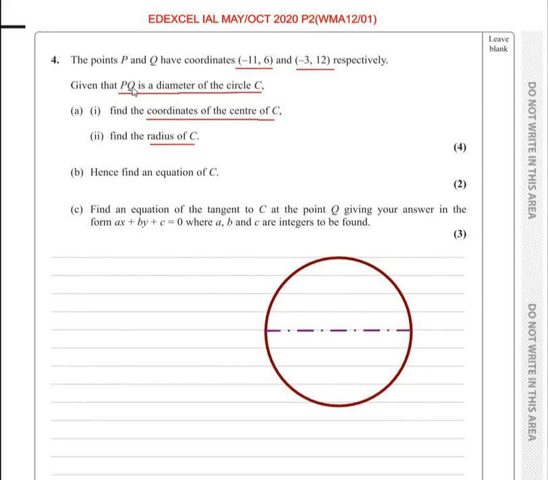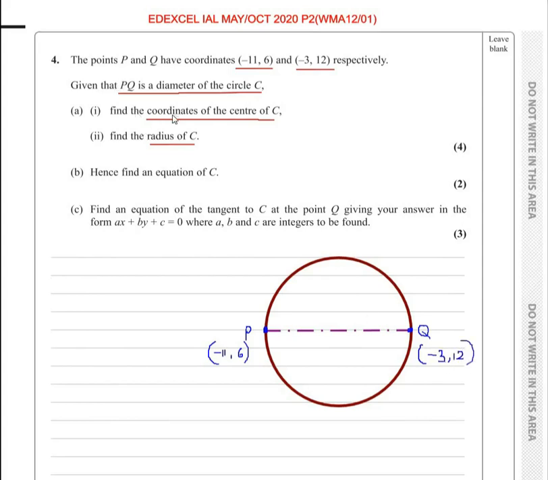So they have given PQ is a diameter of the circle C. This is the circle C and this is the diameter. These are the 2 points of the diameter. Let me write down the coordinates they have given here. For P they have given us -11, 6 and for Q they have given us -3, 12.